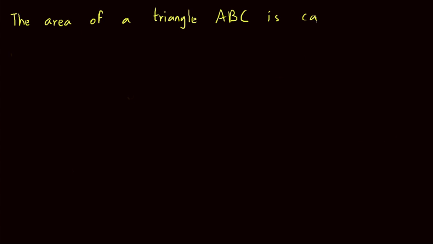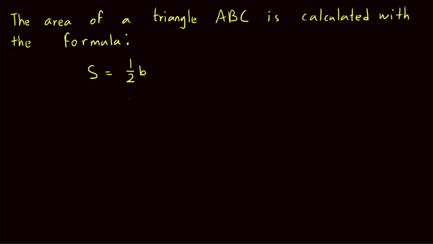is calculated with the formula. I'm going to write the formula right here, where S is referring to the area: S equals half BC sine A. If I were to draw the triangle, let me choose orange.